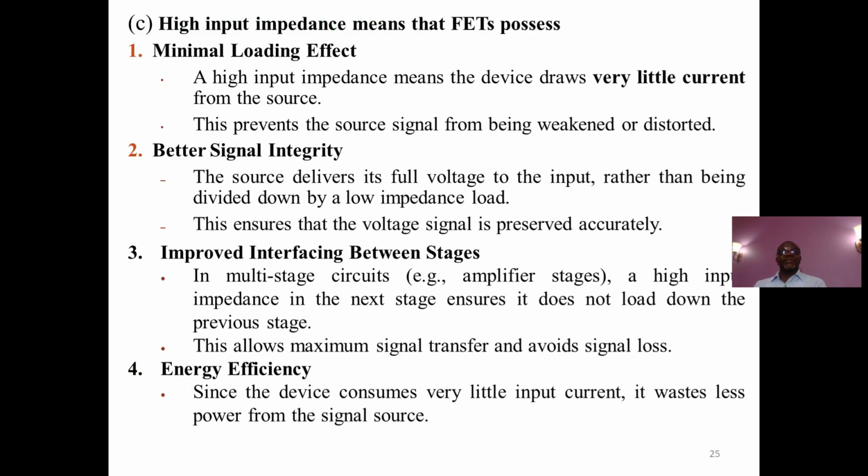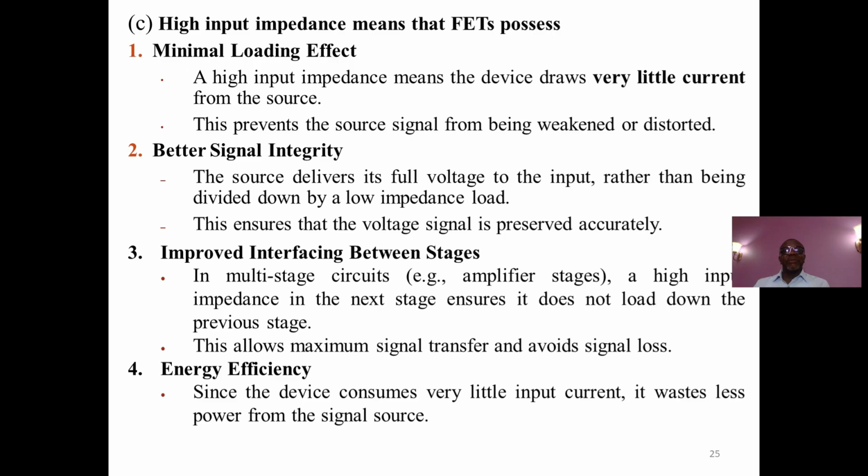Now, question 6, why is high input impedance a very big advantage of this field effect transistor? When a system has high input impedance, the implication is that it has a minimal loading effect.